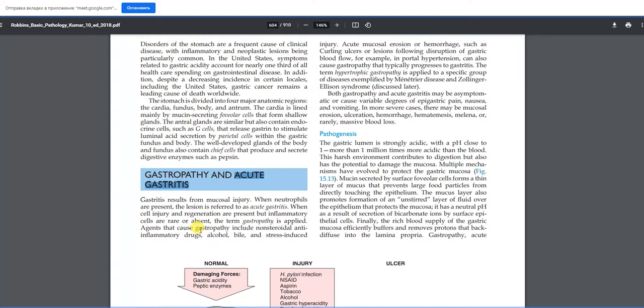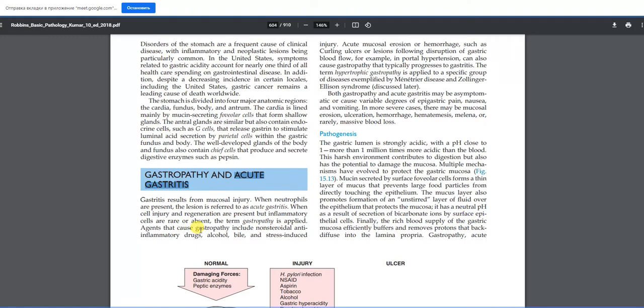When you rip out the epithelial lining, under this epithelium we have an absolutely non-protected layer of mucosa of the stomach, and all this acid with pepsinogen, which is activated to pepsin, can cause destruction of all connective tissue in the mucosa, and even the unprotected cells which are present there in the mucosa of the stomach.